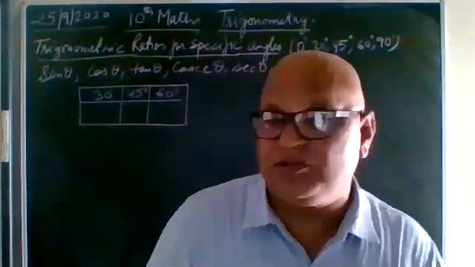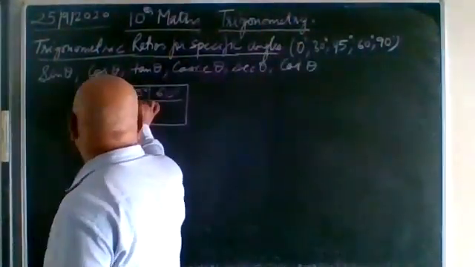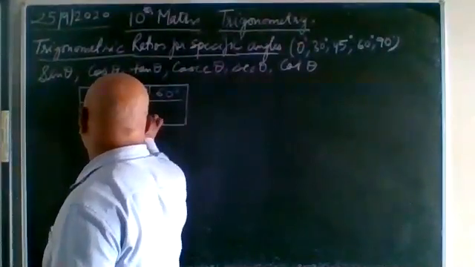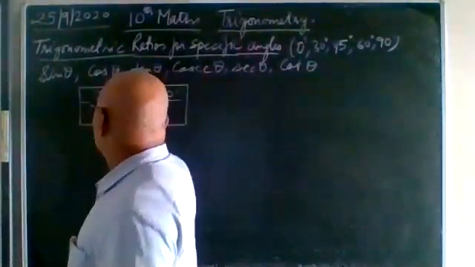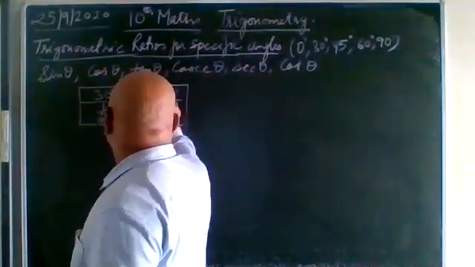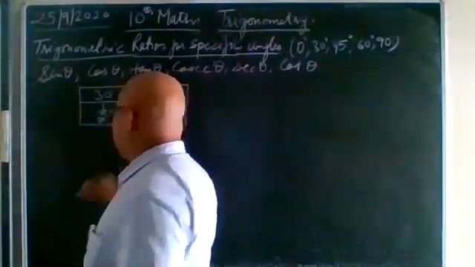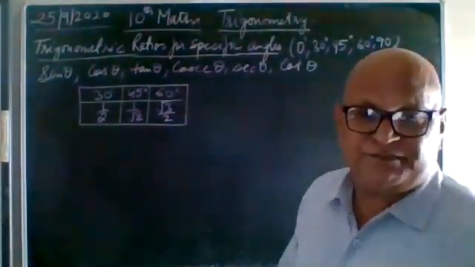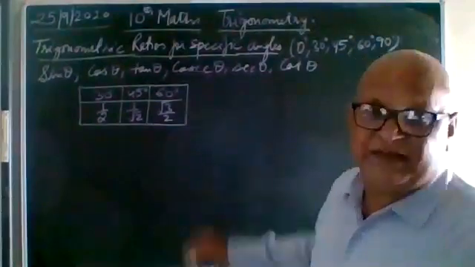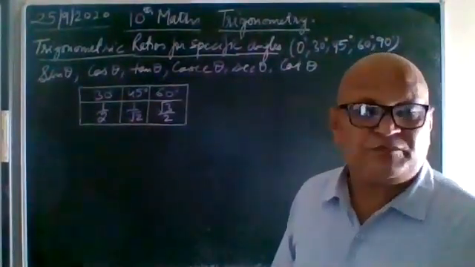So what I used to say generally, 45 value is fixed, so 1/2 is fixed, and 30 is 1/2, and after that √3/2. So for 30 degree, the value which I have written here is for sine.